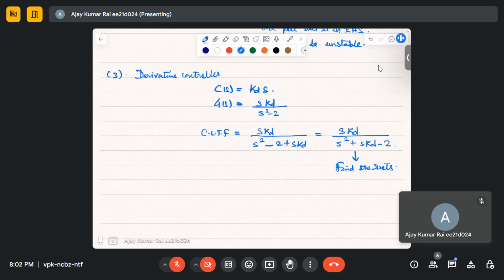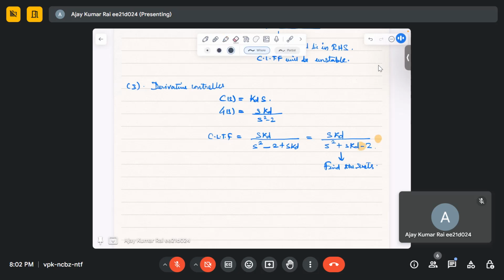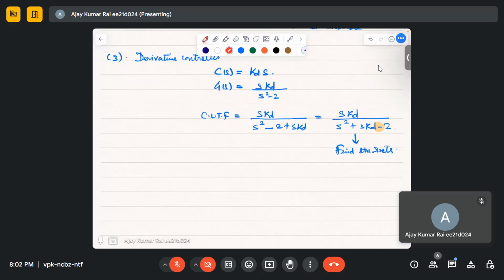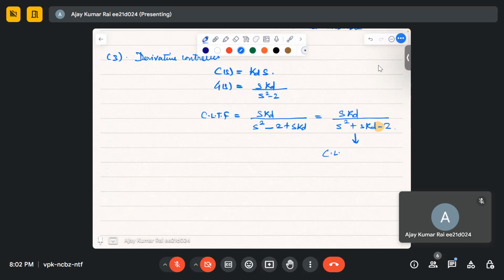Just by looking at this equation, because of this negative, the closed loop transfer function is unstable because of this minus 2.